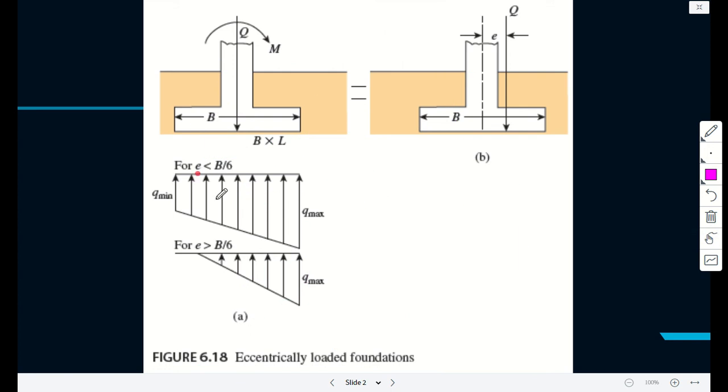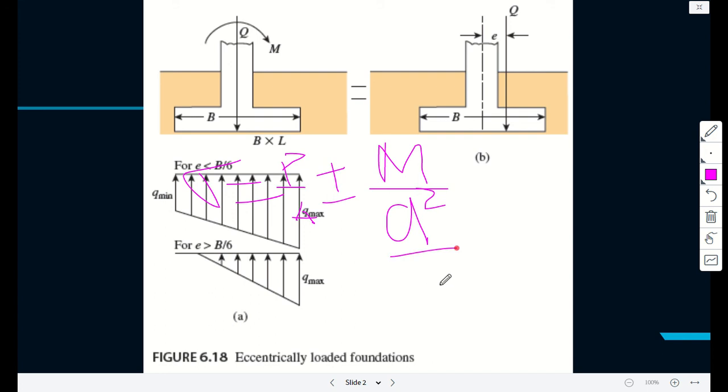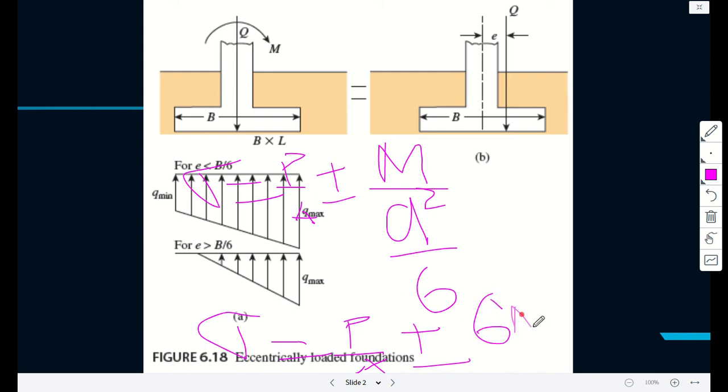So actually the stress would be P over A plus or minus M, but I divided by y is already what you've seen, D squared over 6. So you can see why this equation, sigma equals P over A plus or minus 6M over D squared.